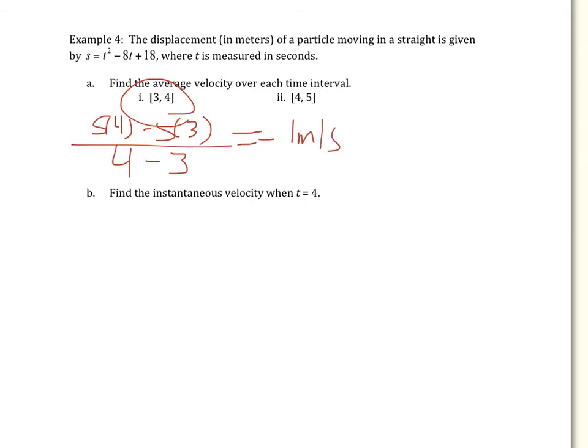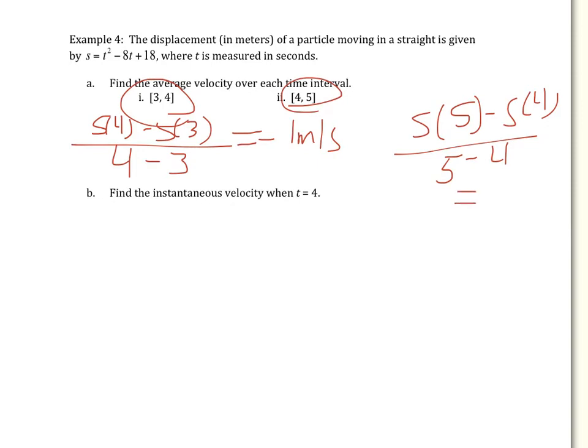Now I'm going to go ahead and apply that same thing for the interval 4, 5, which means I need to find the function's value at 5, the function's value at 4, subtract those, and then again I'm going to end up dividing by 1 because there's a difference of 1 in that time interval. When you do that, you're going to get an answer of 1 meter per second.